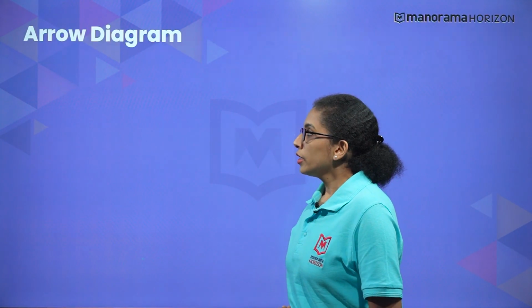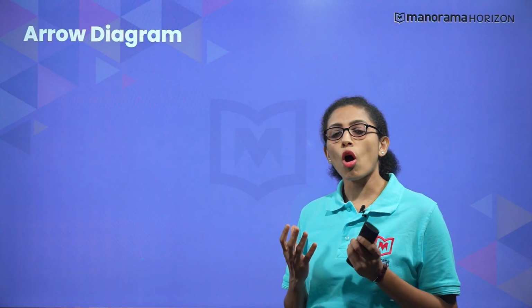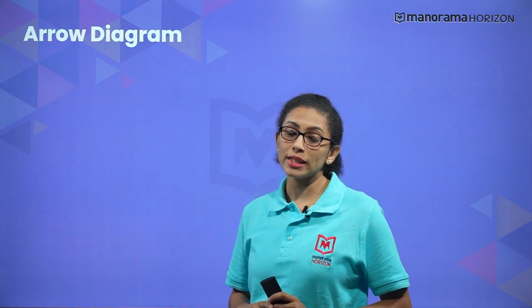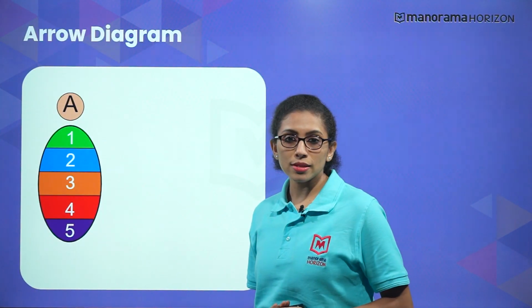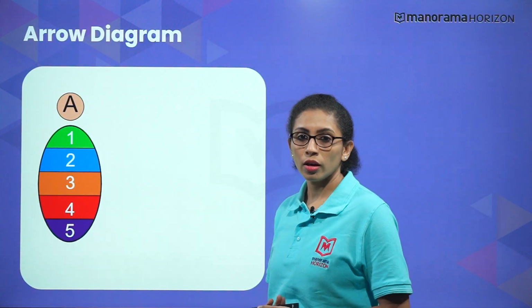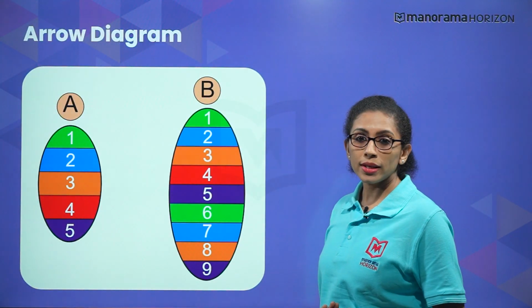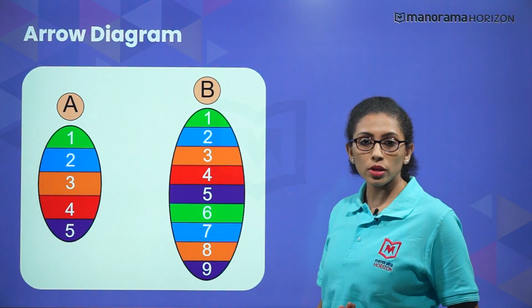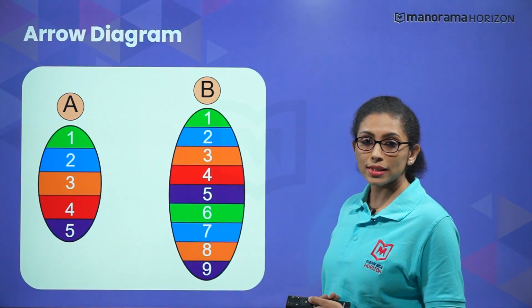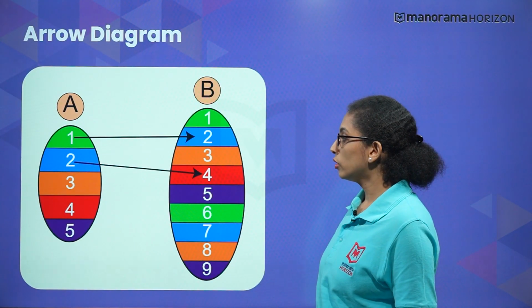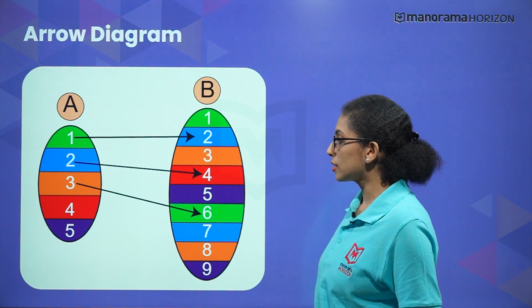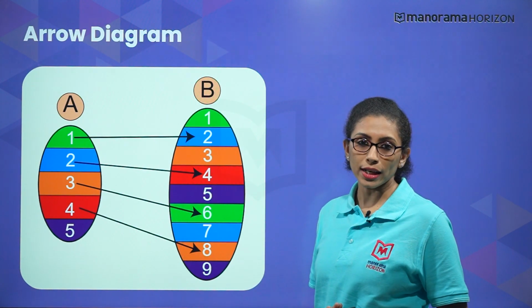Alright. Now, a visual representation of the relation is shown using an arrow diagram. First, set A elements from 1 to 5 are given. Now, set B elements from 1 to 9 appear. Now, the mapping is done from 1 to 2, then 2 to 4, then from 3 to 6 and from 4 to 8.